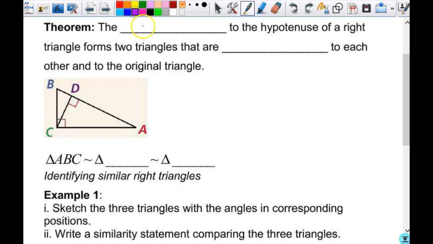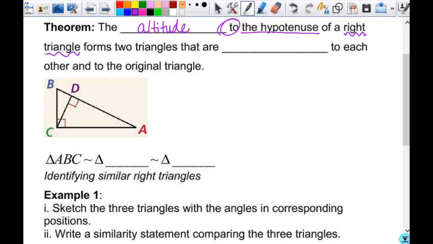So this says the altitude to the hypotenuse. What that means is not just any altitude, but the altitude that we draw to the hypotenuse, like this. Okay? So the altitude to the hypotenuse of a right triangle, because you have to be a right triangle if you have a hypotenuse, forms 2 triangles.